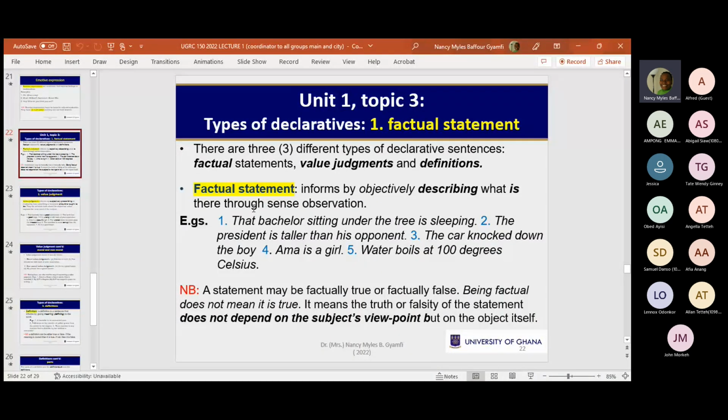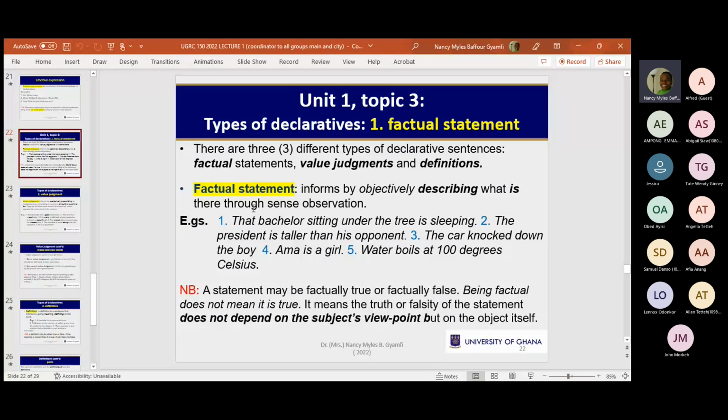It means that we all see it, we all hear it, we all touch it, we all taste it or smell it. Our 5 senses come to play to help us ascertain the truth or falsity of that statement. That kind of statement which has objective truth and does not depend on the subjective point of view of those observing, it doesn't depend on us, it is just the nature of what we are dealing with, is the one we call factual statement.